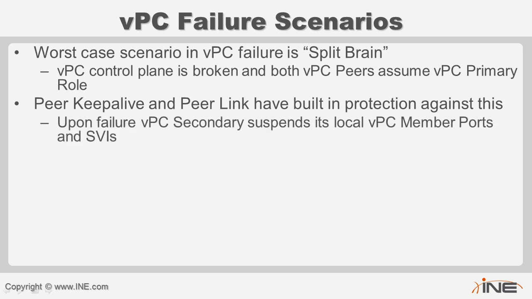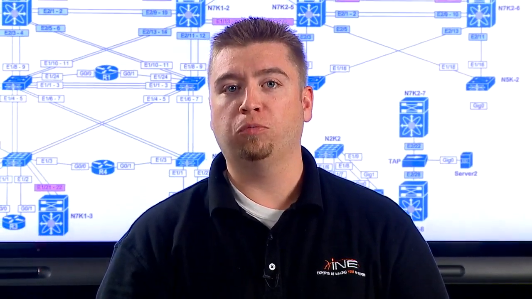Now, under normal cases, when there is a failure of the peer link, the vPC secondary device is going to suspend its local member ports of the vPC and any of the SVIs that are the VLAN instances of the vPC member ports. The idea behind this is that the secondary doesn't necessarily know if the primary has gone away. It just knows that the control plane communication between them is broken.